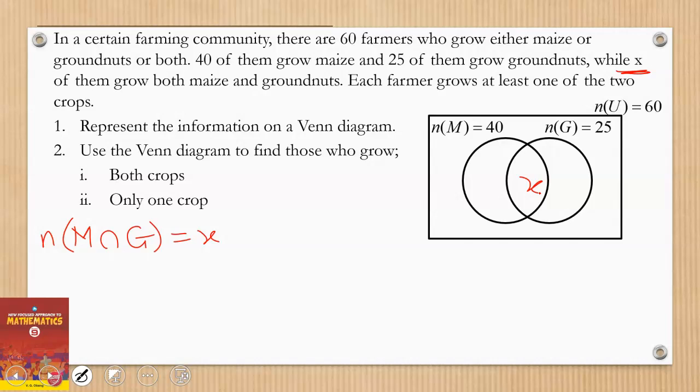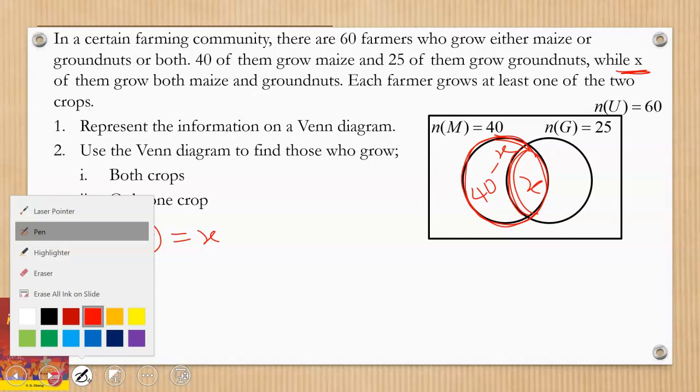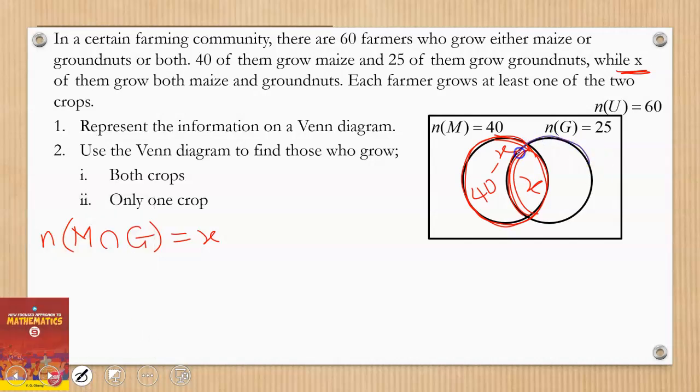The whole of this circle represents those who grow maize. So if we want to know those who grow only maize, we subtract this X from the 40. So we get 40 minus X here. The same thing for groundnut: this circle represents all who grow groundnut. If I take away X from that part, I get only those who grow groundnut. So now I have this.